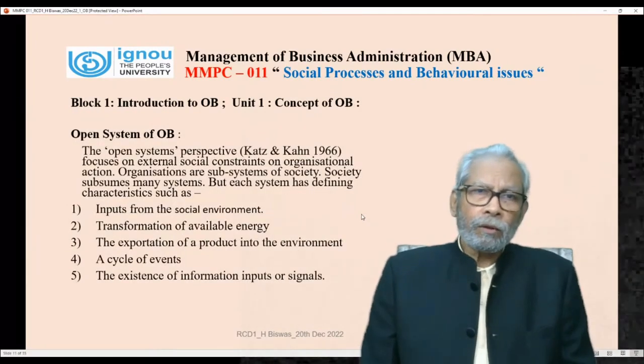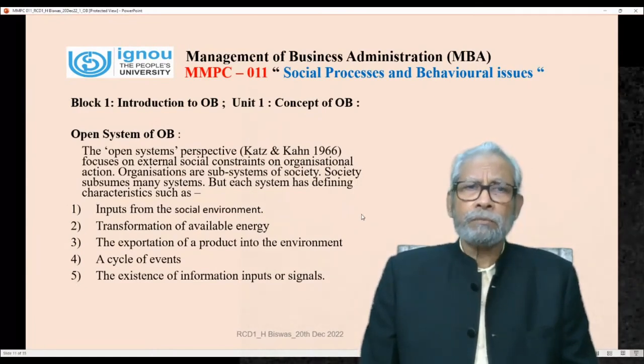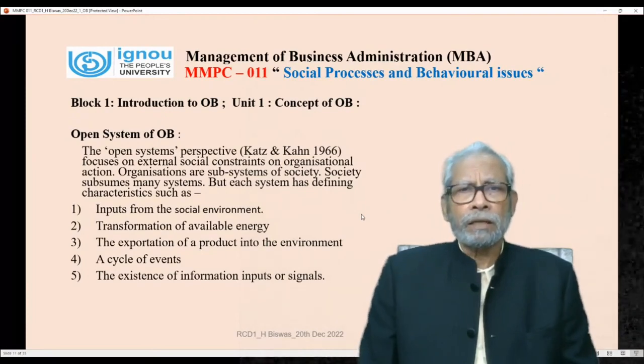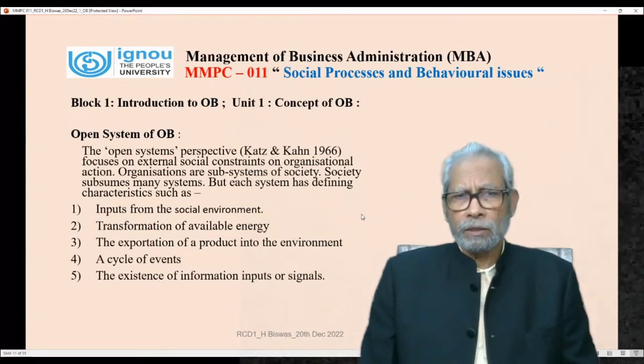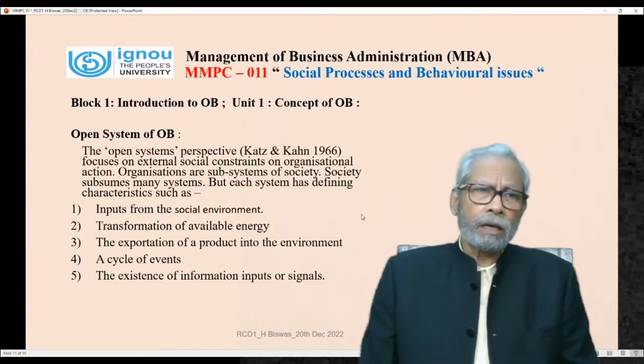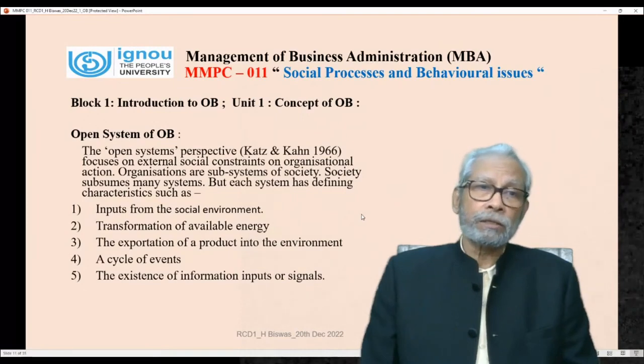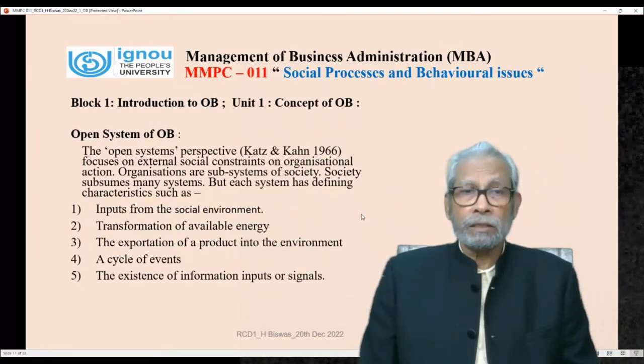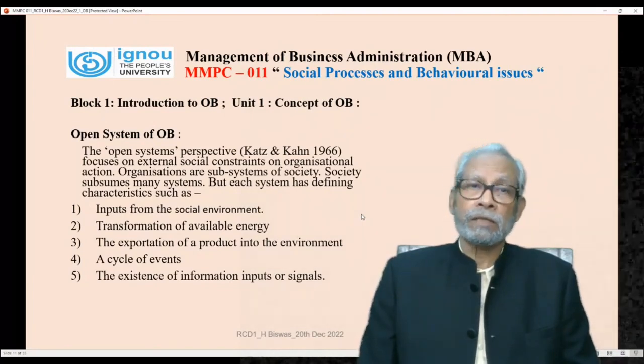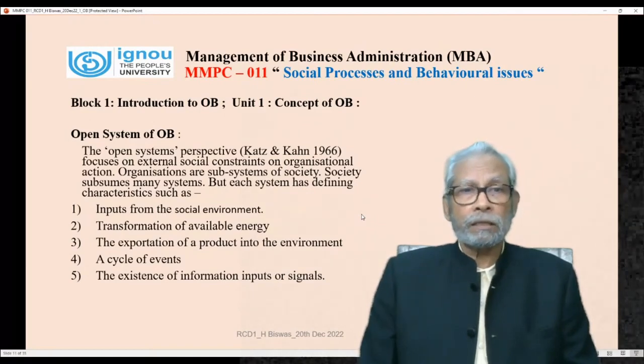Now, the open system of organizational behavior. Basically, the open system is a perspective. Katz and Kahn, 1966, defined it as focusing on the external social constraints on organizational actions. What are the external constraints there? How to behave, and how to cope with the situation when the external social constraints are there. So organizations are subsystems of society.